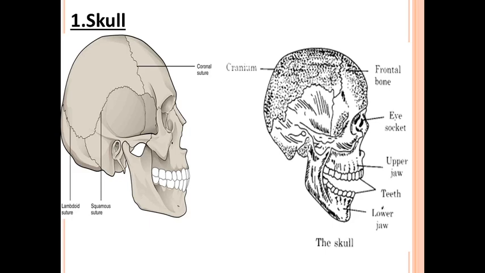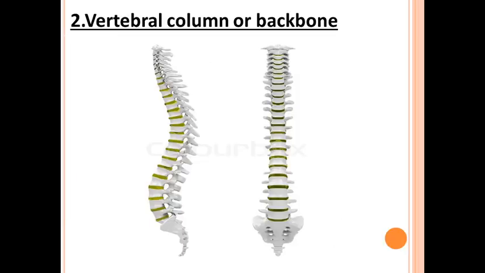Understood? Very good. Now see, the next part is the backbone, which is also known as the vertebral column. Now you can do one activity. Press and move your fingers along the center of the back of your friend or your parents.